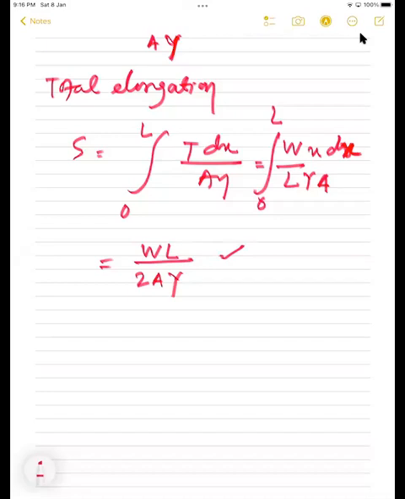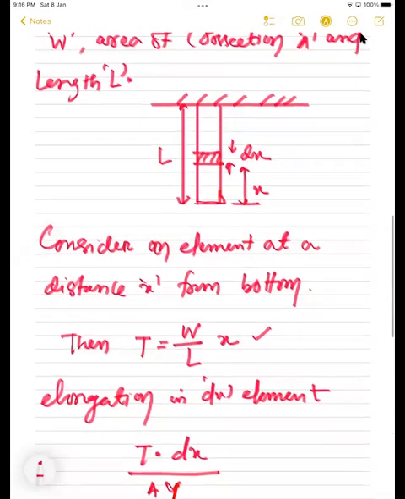Because it's a rod, the total weight is concentrated at the center, at distance L by 2, right?